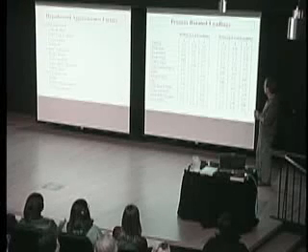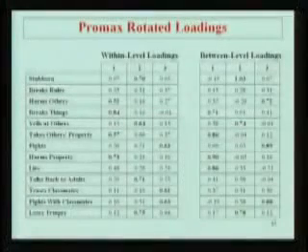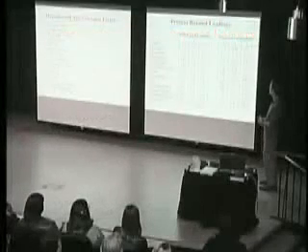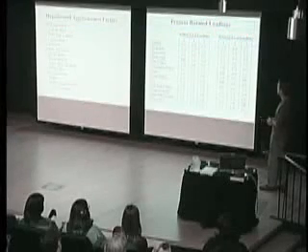Yells at others, stubborn, talks back to adults: factor 2 seems to be verbal aggressiveness. Factor 3, fights, teases classmates, fights with classmates, seems to pick up some of that person aggression factor.